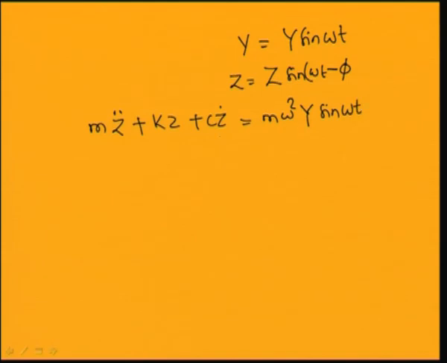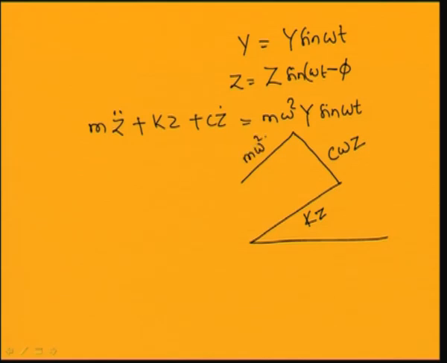So, you know the solution of this system, you can draw a reference line, then this is the spring force, this is the damping force, and this is the inertia force. So, spring force equal to k z, damping force equal to c omega z, and inertia force equal to m omega square z, and this will be equal to the resulting force, that is m omega square y.